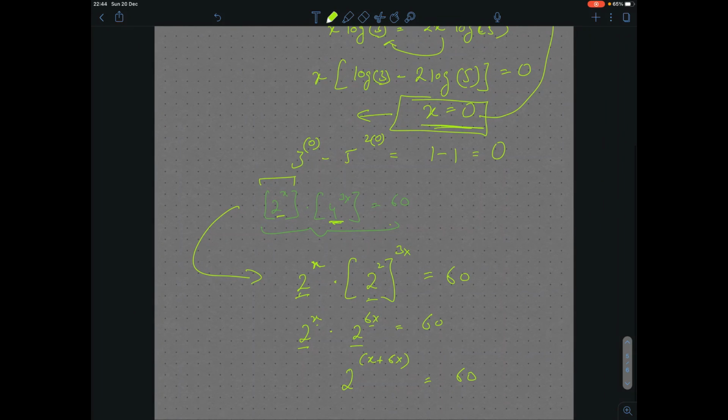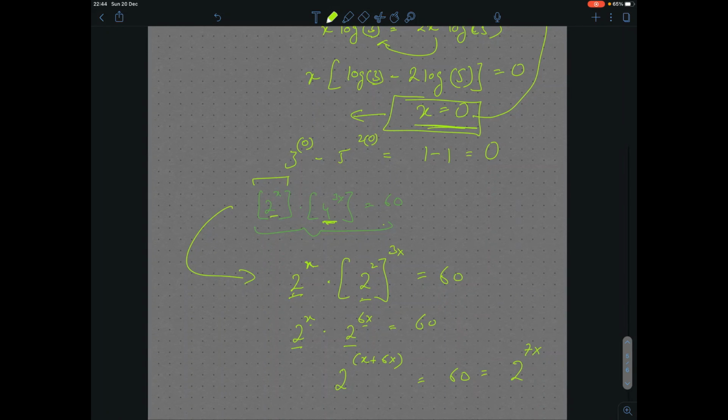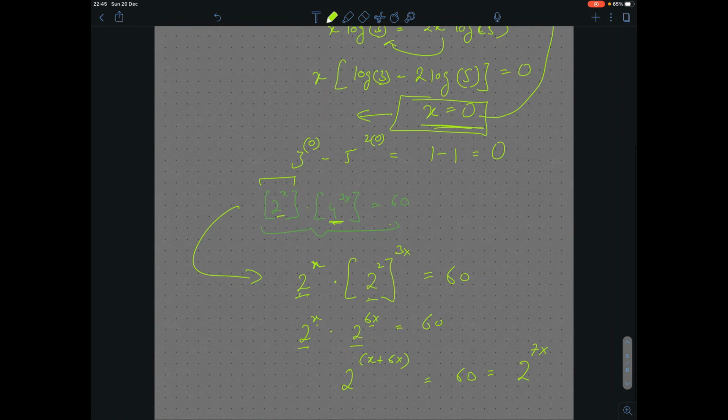Okay, so we haven't transformed the equation using the logarithms yet, because we're just trying to simplify it. So x plus 6x is 7x, so 2 to the power of 7x is equal to 60. So after this, we can just take the log again and try to find a solution.